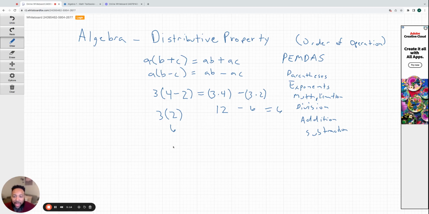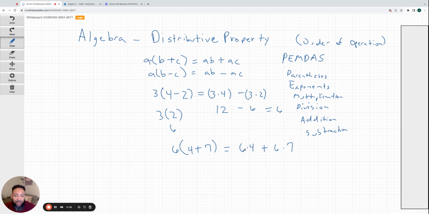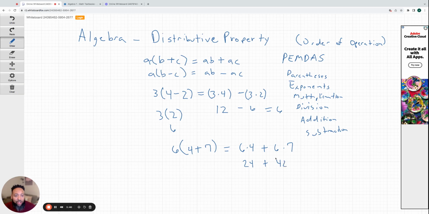So say we have 6 times, let's say this time, 4 plus 7. That would be the same as 6 times 4 plus 6 times 7. So you've distributed this 6 to the 4 and to the 7. So we could say 6 times 4 is 24 plus 6 times 7 is 42.